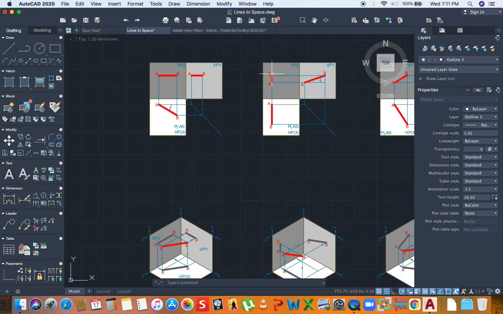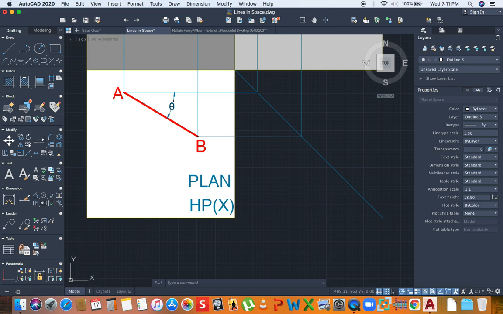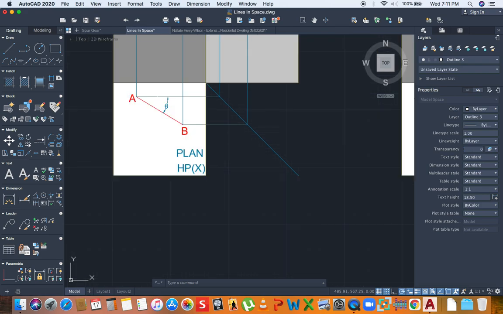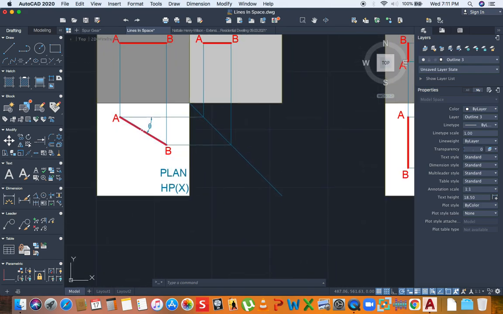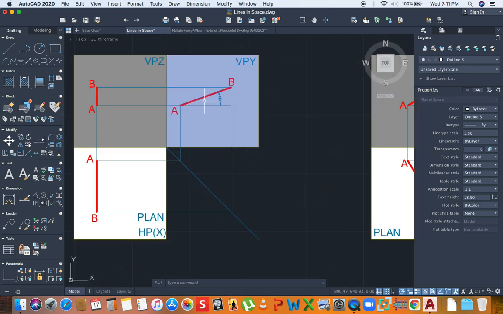While for these, you can instantaneously see the true slope. This angle theta, whatever this angle is, is the true slope of this line to the axis, this axis here. And this is the true slope of this, right?